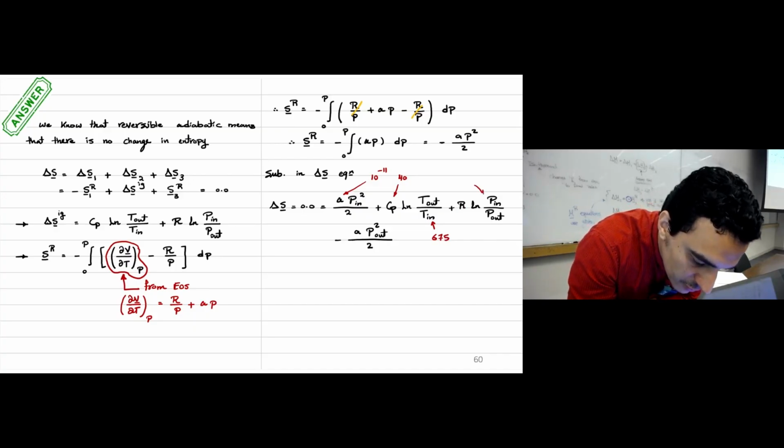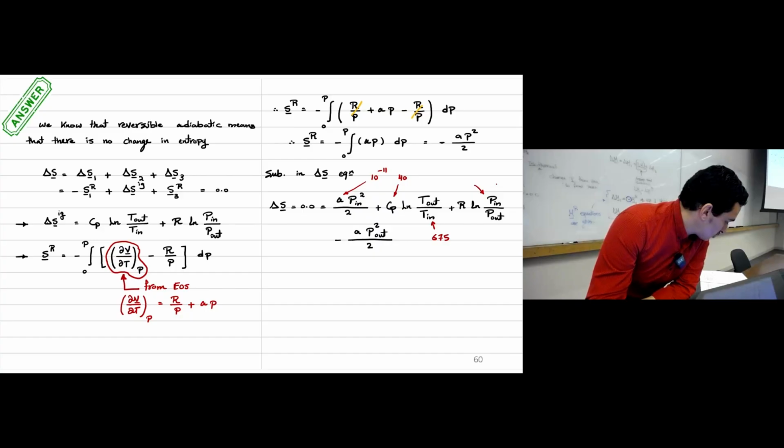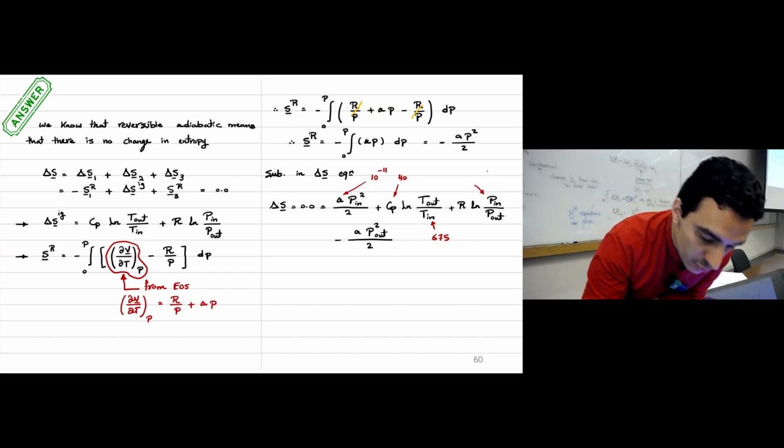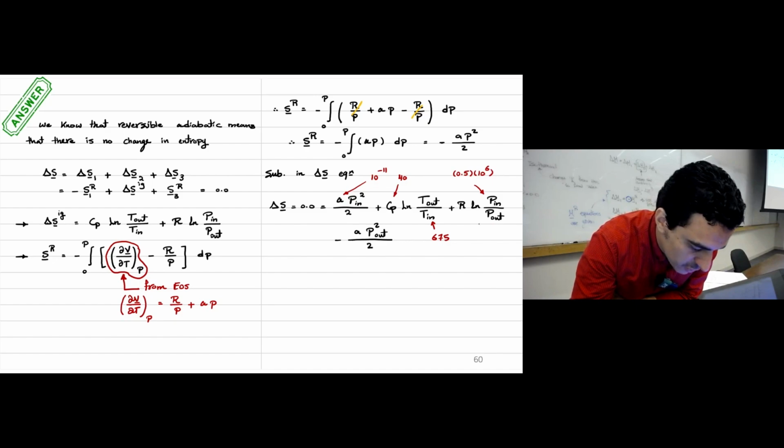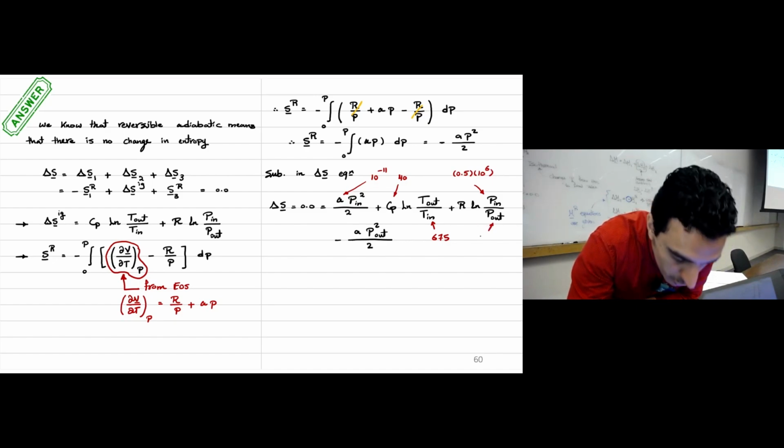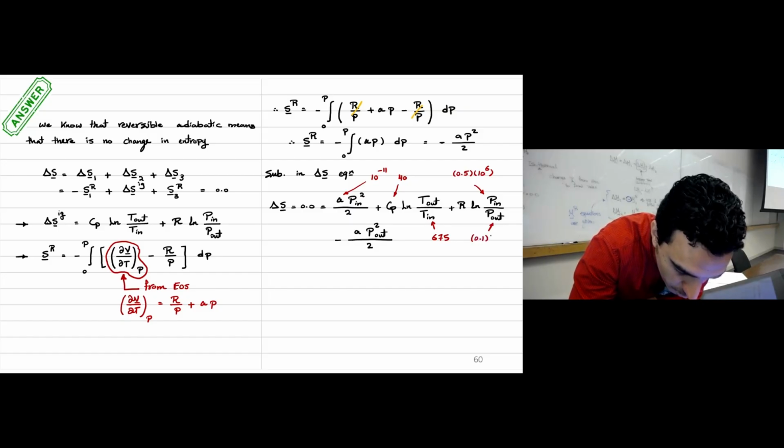The inlet pressure was 0.5 megapascal, so converted to the SI system, this will be 0.5 times 10 to the power 6. The outlet pressure was 0.1 megapascal, so this is 0.1 times 10 to the power 6.